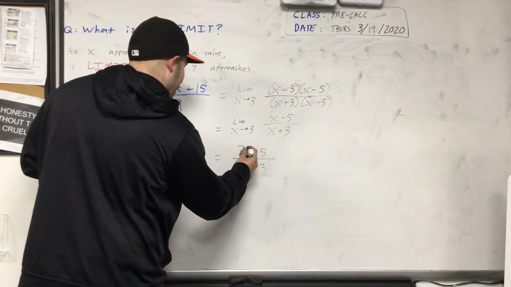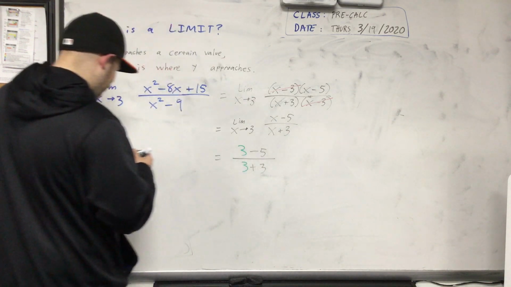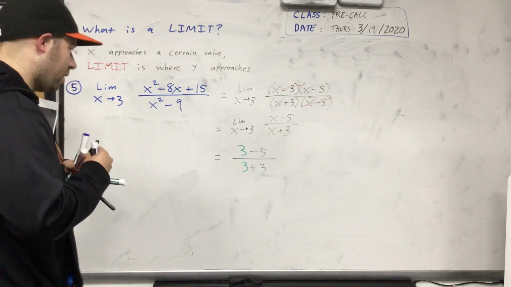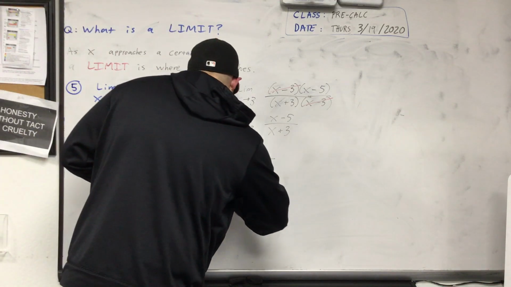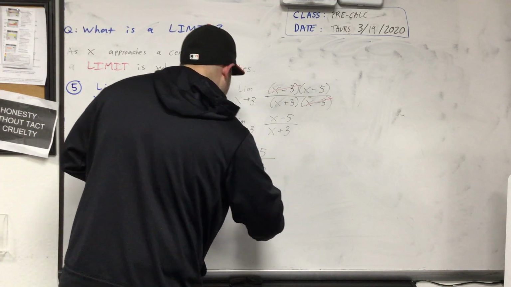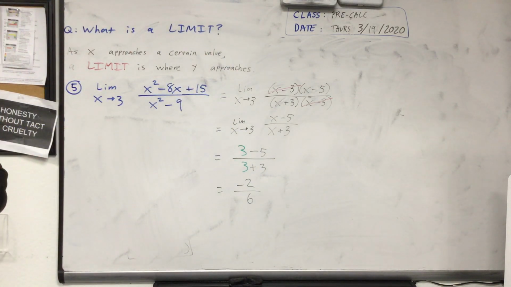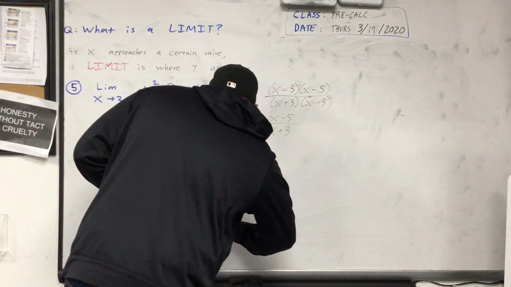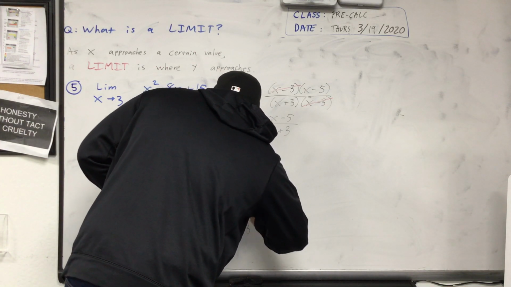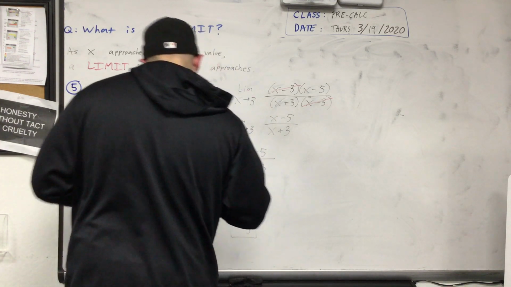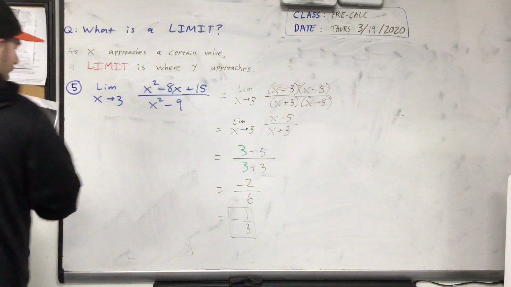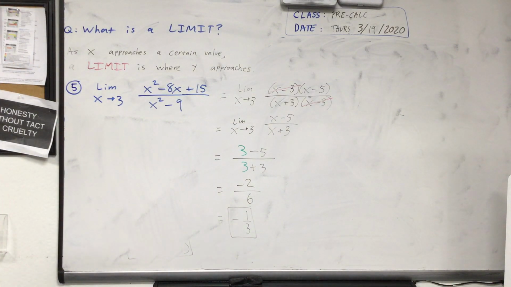Let's plug in 3 now, and hopefully there is no problem. 3 minus 5 is negative 2. 3 plus 3 is 6. Negative 2 over 6 can be reduced to negative 1/3. As x gets closer and closer and closer to 3, y gets closer and closer and closer to negative 1/3.